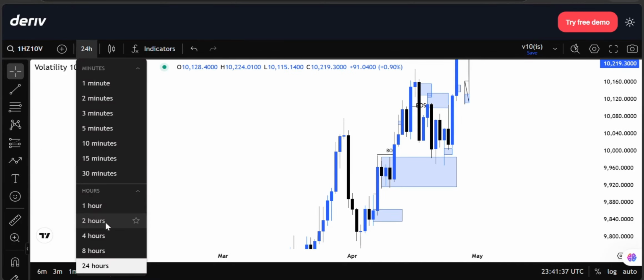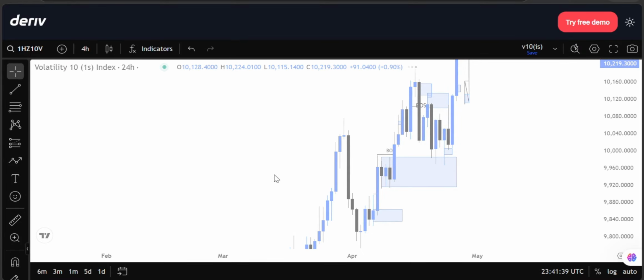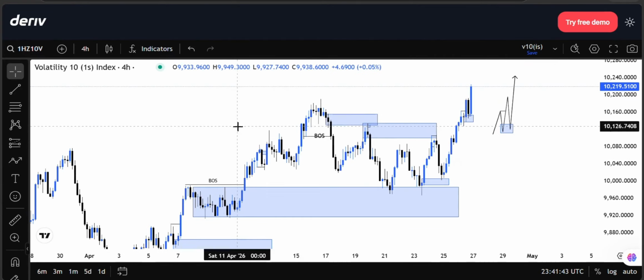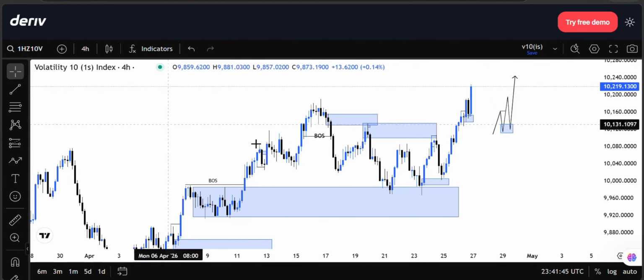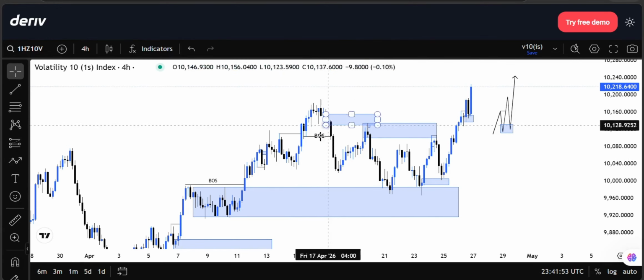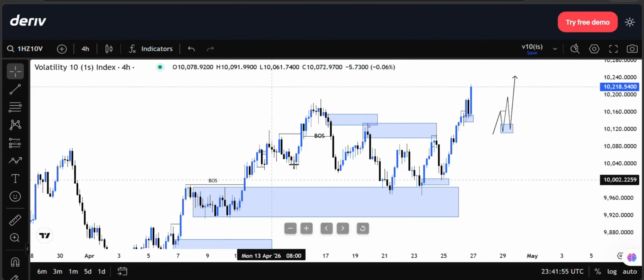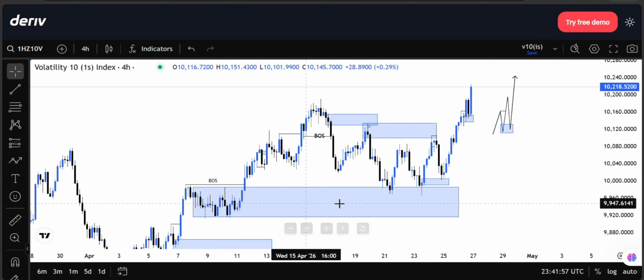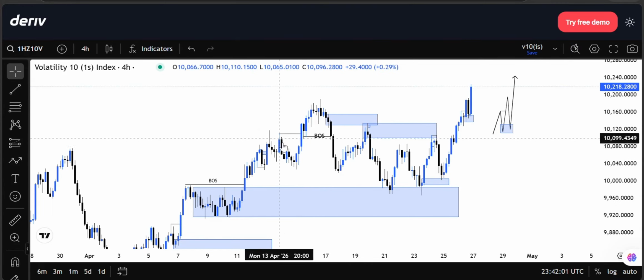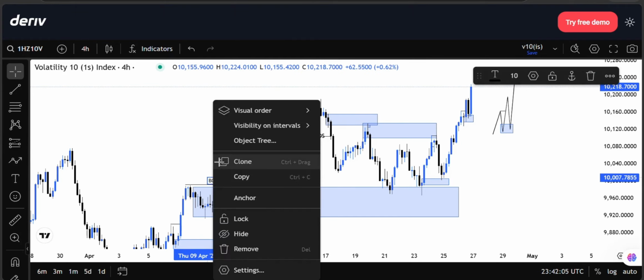So if we go back to our 4 hours time frame, we saw what happened here. Okay, and then of course when we got here, we had another break of structure to the upside. There's another break of structure to the upside, and then price broke structure. Now this particular demand zone, we saw that in the future price came in and reacted in that zone, but for this particular one also, when price broke structure, here is a break of structure.